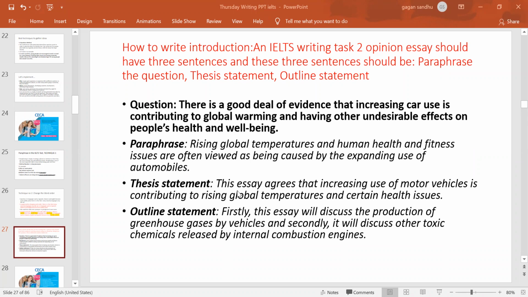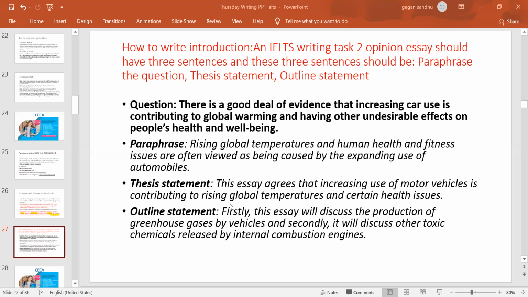Got it? Then comes the thesis sentence. This is only for the opinion essays, the discussion essay, where they are just saying some people have this opinion. So this says this essay agrees that increasing use of motor vehicles is contributing to rising global temperature and certain health issues, right?